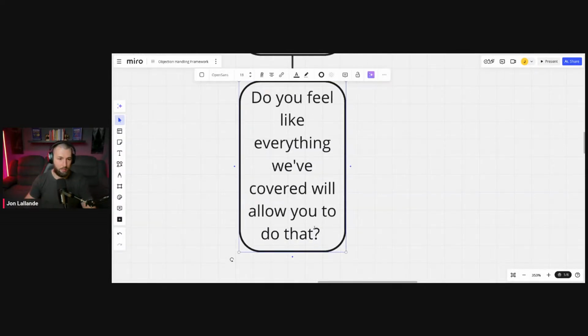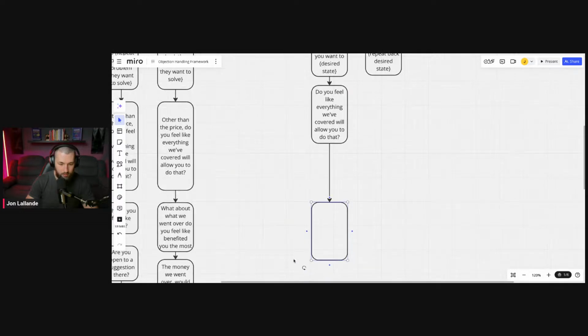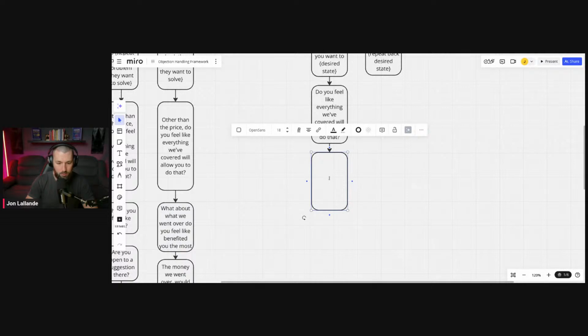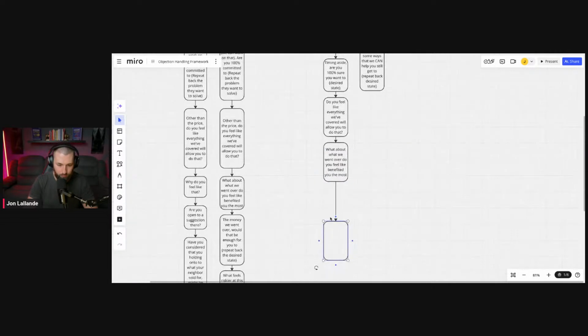And so they're going to say, well, yes. What about what we covered? Do you feel like it benefited you the most? Well, you told me that you don't have to have a million people in. You can just do one inspection and I can have a mask on, with my health. That's really important to me. Okay. So now you have that.